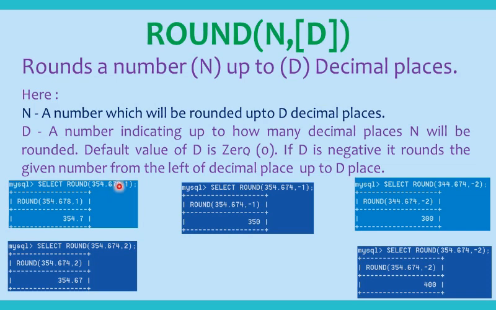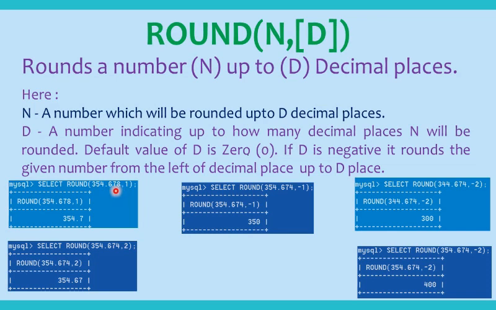Means rest of the digits, means 7, 8 would be removed. But we have to see the first digit of the digits being removed, whether it is 5 or more than 5. If it is 5 or more than 5, then the previous digit will be increased by 1, otherwise it will remain same. So here we want this digit only, that is 6. 7, 8 is being removed.